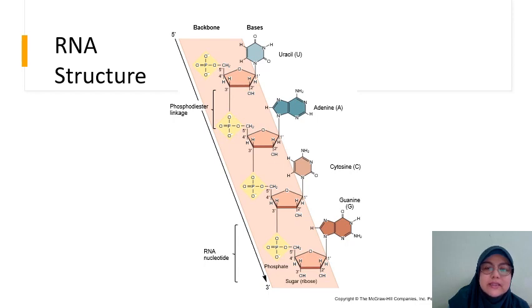And you can see here, in terms of base pairing, A to U instead of a T, and C to G. But the linkages are still the same in terms of a phosphodiester linkage, 5 to 3 directionality, and having that phosphate and sugar backbone with the bases sticking out.